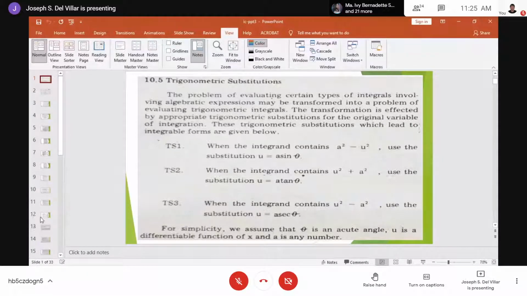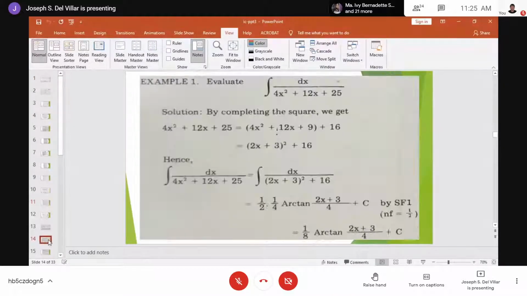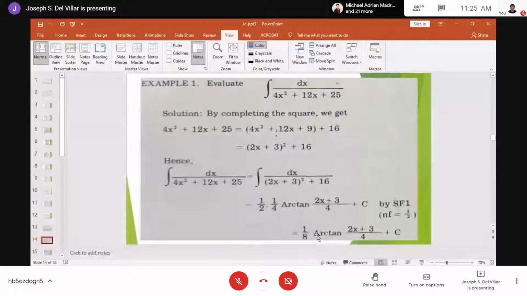So you check also kung mapapalabas niyo yung eto, no? Yung 1/8 arctangent of 2x plus 3. Okay? So that is dx all over 2x. Okay?